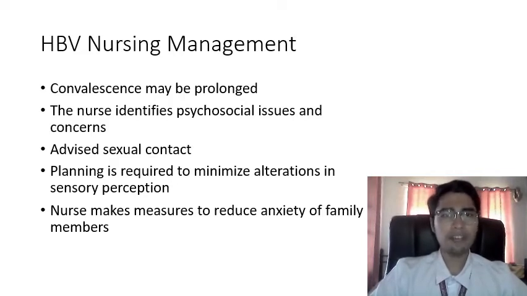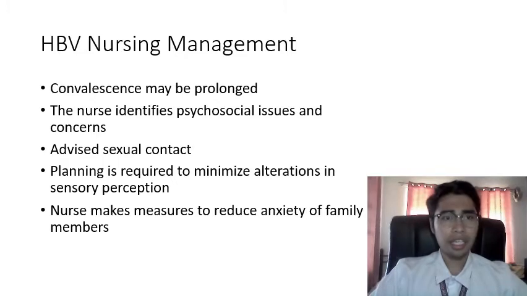The nurse identifies psychological and psychosocial issues and concerns, particularly the effects of separation from family and friends, because the patient sometimes has to be not really isolated, but placed under precaution to prevent more spread to other family members. This applies if the patient is hospitalized during the acute and infective stages.